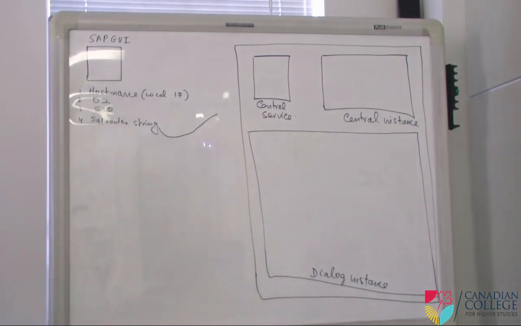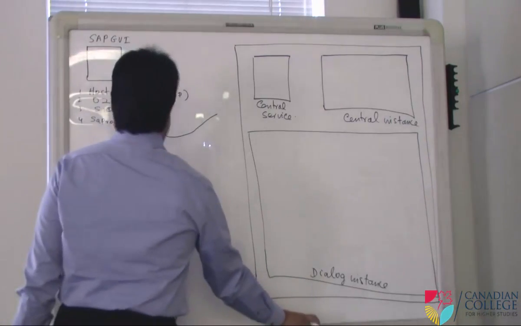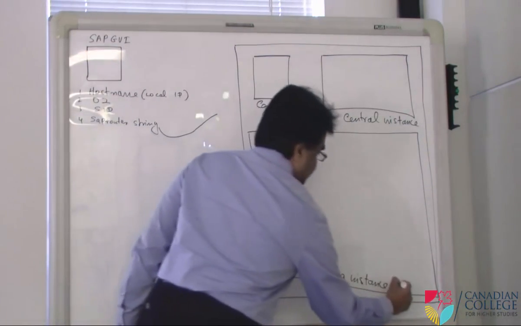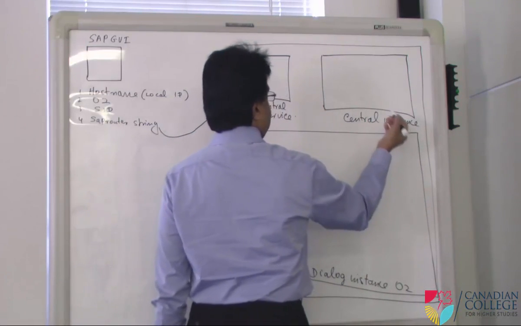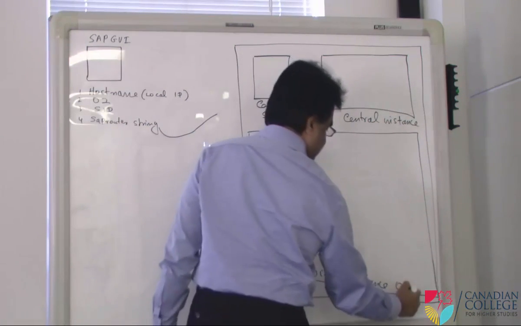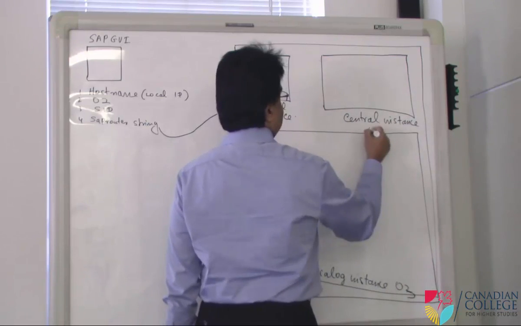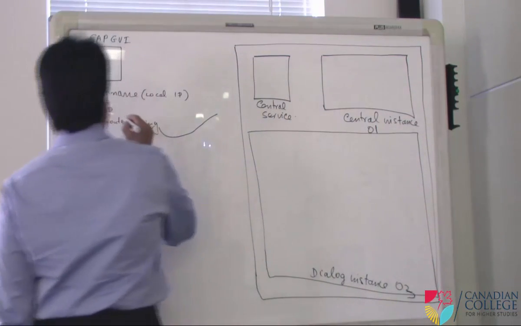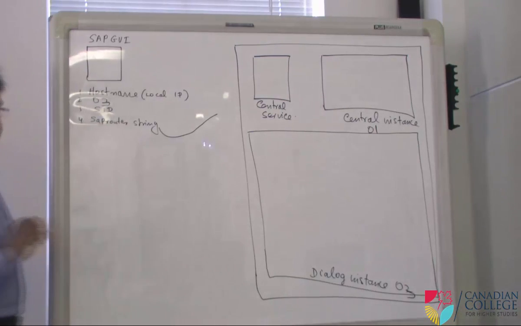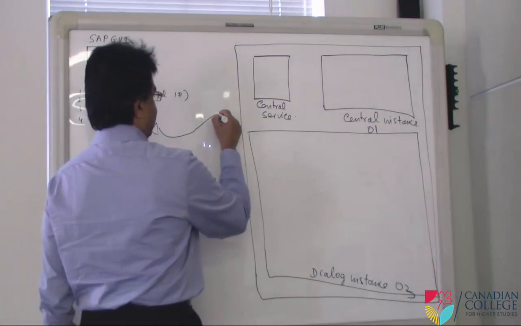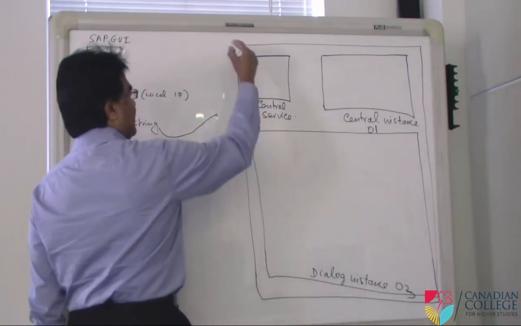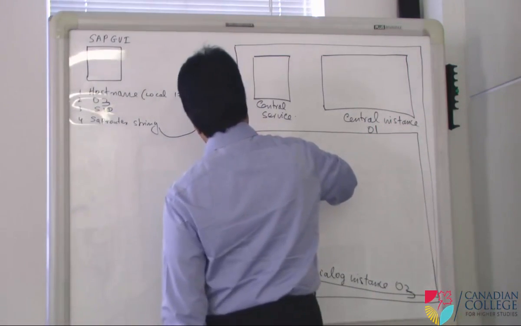Okay. So in this example, my dialog instance is 03 and central instance is 01. So I am logging in through 03 in this example. So my request will be handled by, these are all in the SAP basis layer.